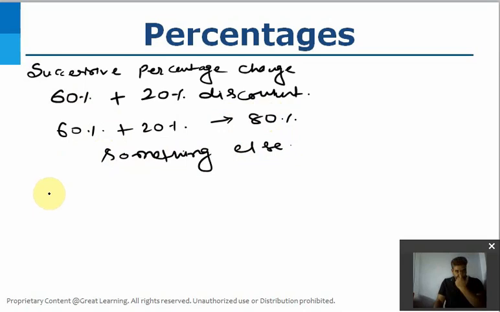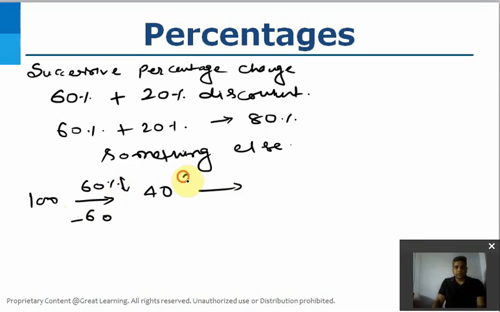So suppose I need to find out successive percentage changes, successive discounts. So I start with 100, and my first discount is 60%. 60% of 100 is 60, so I subtract 60 and get 40 as a resulting number.